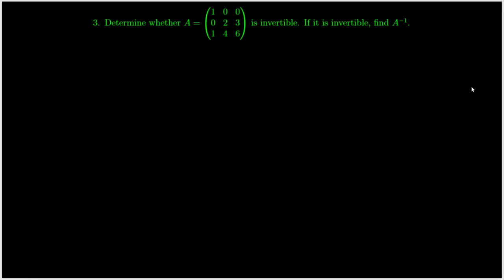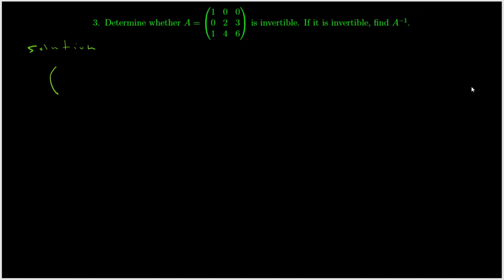For question 3 on the screen, I will get you started, and then probably you want to perform elementary row operations on your own. In any case, we use the algorithm to answer the questions. In step 1, we form a 3 by 6 matrix, 3 rows and 6 columns, right?